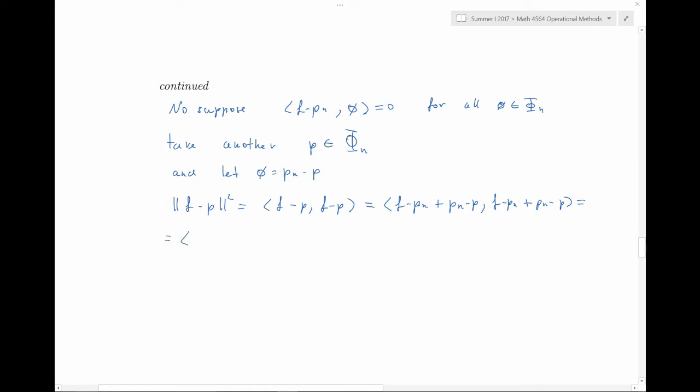So in a way, it's the inner product of f minus Pn plus phi and f minus Pn plus phi.